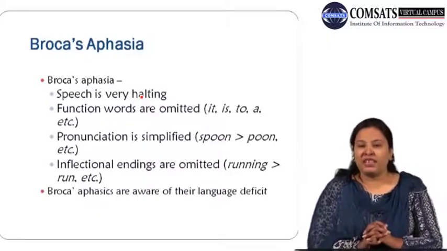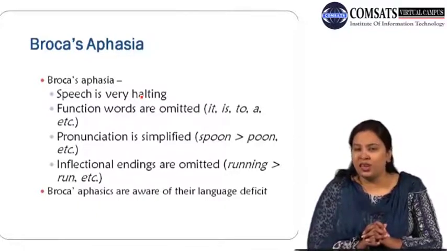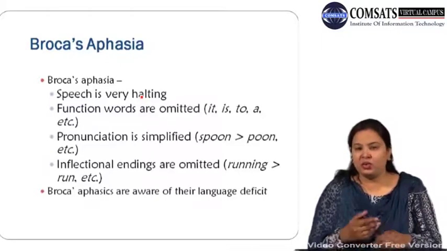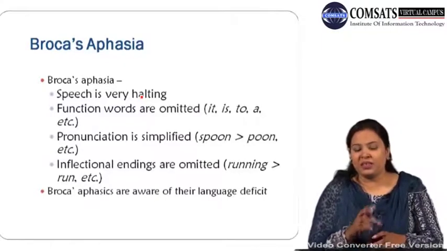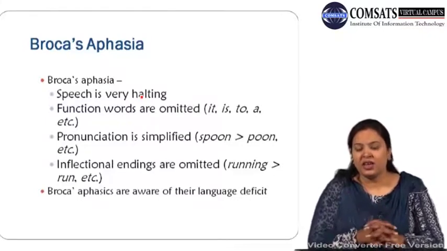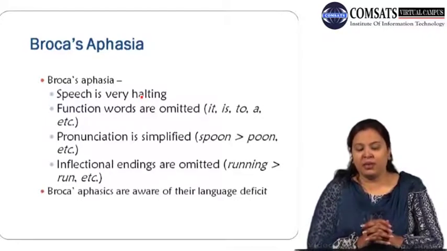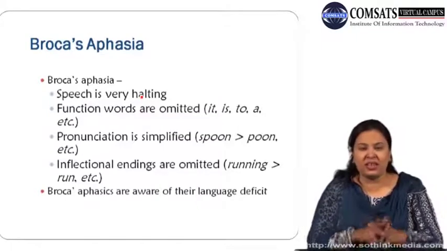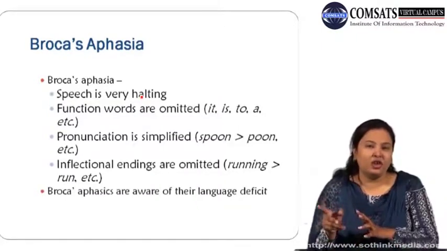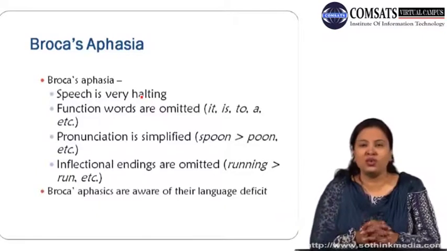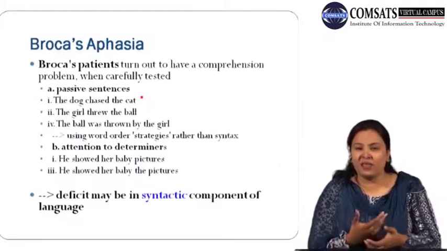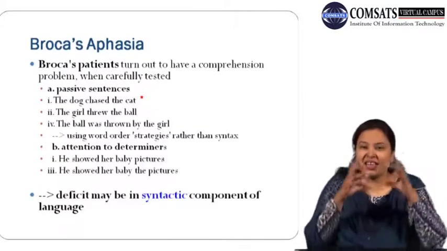They do not use the passive rules the same way. At the same time, they do not pay any attention to determiners. As already mentioned, they omit function words and have these problems with respect to syntax.